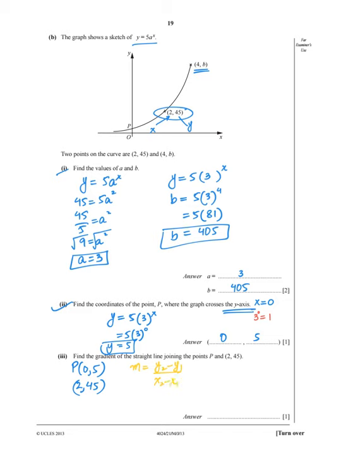I will say this point is (x1, y1) and this point is (x2, y2). You can place x1, y1 at any point, it doesn't matter. So now the value of y2 is 45 minus y1, which is 5, divided by x2, which is 2, minus 0. So 45 minus 5 is 40, divided by 2 leads to 20, and that is your answer.